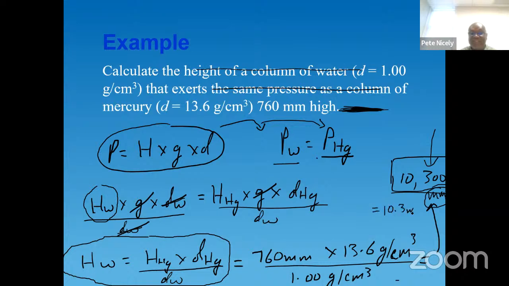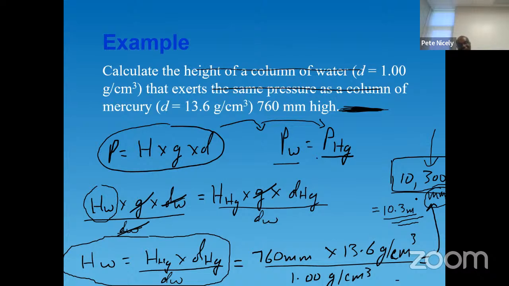So what this is suggesting is that if you were to use water instead of mercury for instruments, for example, the barometer, right? If, instead of using mercury, you're going to use water, then you're going to need a tube which is at least 10.3 meters long in order for you to use that as an instrument to measure the atmospheric pressure, right?